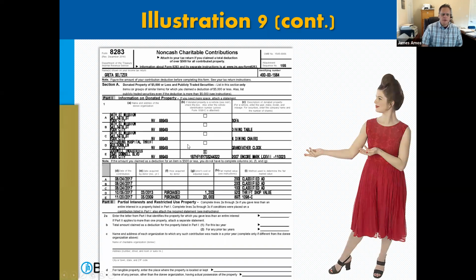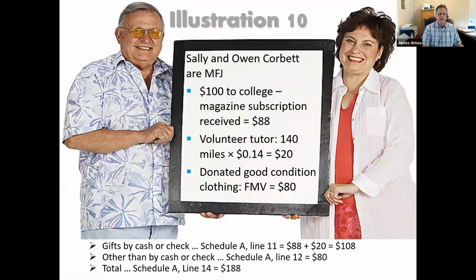If it's a vehicle, you have to specifically mark this box like this one was. You have to put down a description of it, when you made the contribution, when you acquired it, when you sold it, things like that. This kind of detail is required when it's over $500. That's exactly right. Okay.